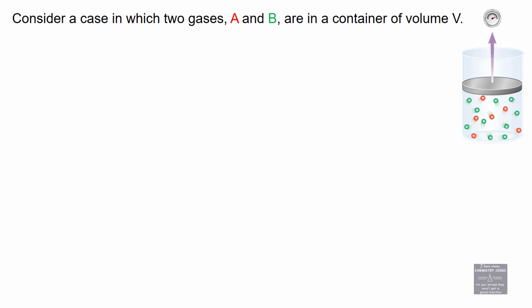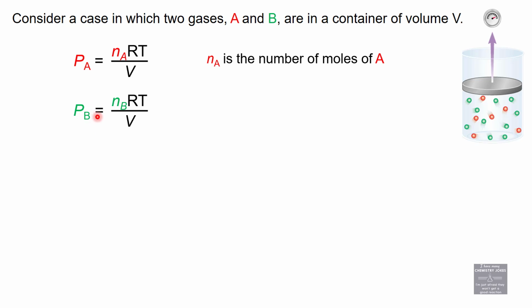So there's one other thing that we need to consider when talking about these. If I have a chamber that has multiple gases in it like this, I can find out the partial pressure of one of the components if I know the number of moles of that component. I can find out the partial pressure of another component if I know the moles of that component.